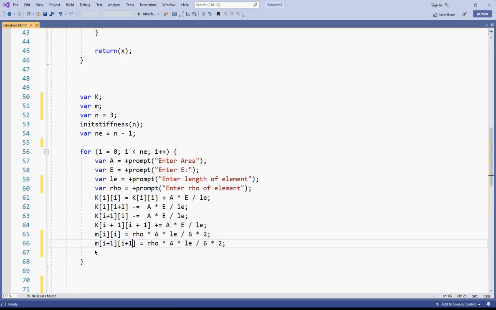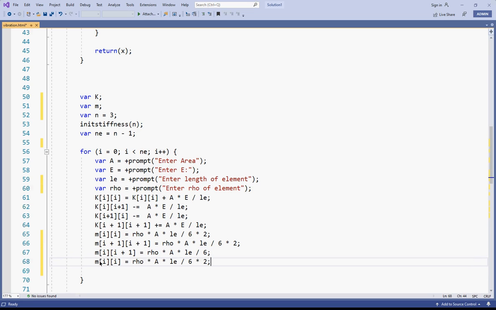So this is the second diagonal, and then the off diagonal will be plus 1. Now I don't need the 2 here in this case, so I remove the 2, and for the second off diagonal element I will also remove this 2. In this way my elemental mass matrix will be created.